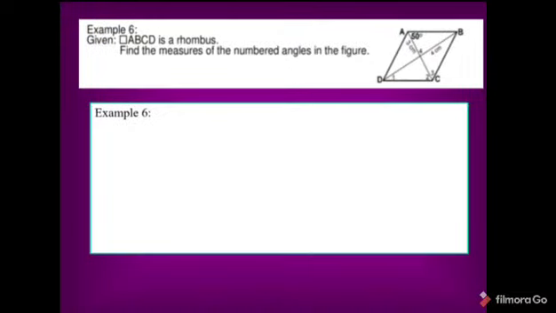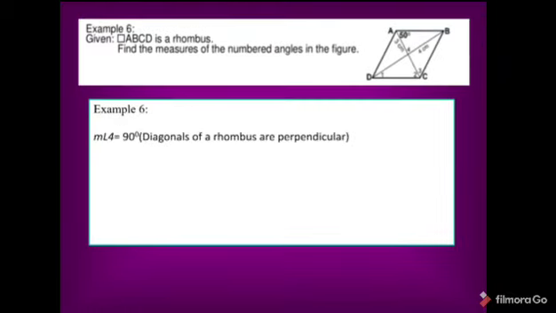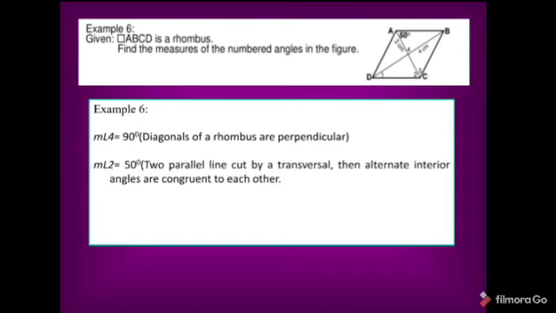Okay, so the measure of angle 4 will be equal to 90 degrees since the diagonals of a rhombus are perpendicular. Now if you're going to find the measure of angle 2, that would also be equal to 50 degrees. Why?